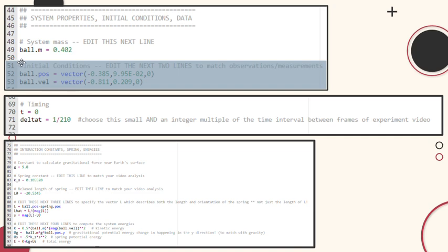Here we have the initial conditions, and then delta T, and then gravity, the constant, which we solve for, and L naught, which we solve for. L is just going to be the ball position minus the spring position. It's not just the length of L, which is 0.7 meters, and then we have L hat, which is the unit vector, S, which we solve for, and then these are just formulas that we went over in the beginning.